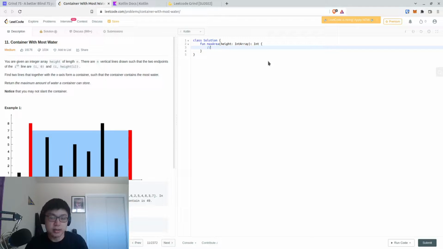So, well, the area between the two, we'll call this i and j, between any two arbitrary lines, with line heights i and j, will be the min of height of i and height of j.